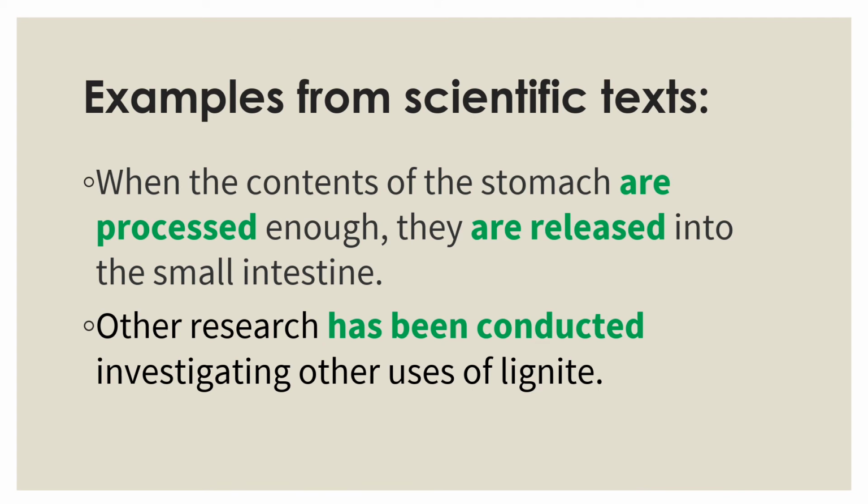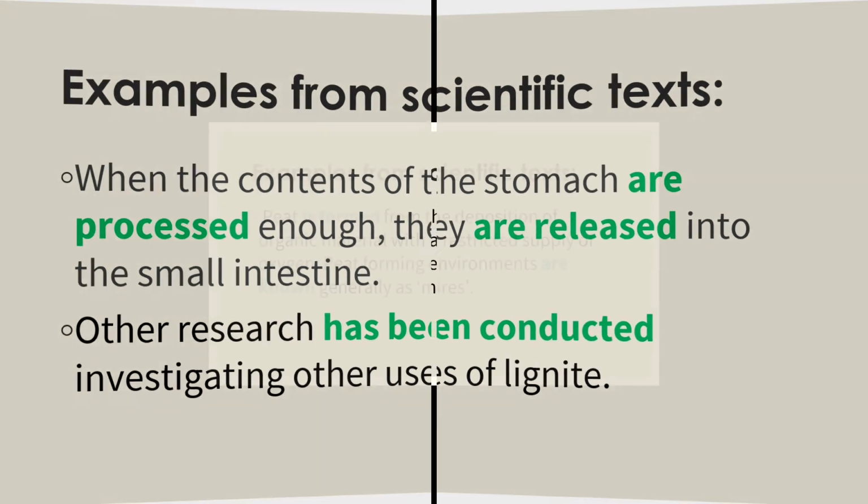Now let's look at examples of passive voice being used in different types of texts. Examples from scientific texts. When the contents of the stomach are processed enough, they are released into the small intestine. Other research has been conducted investigating other uses of lignite.